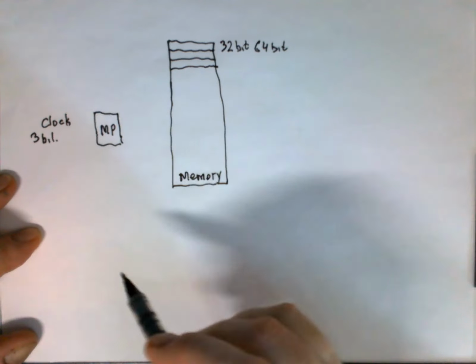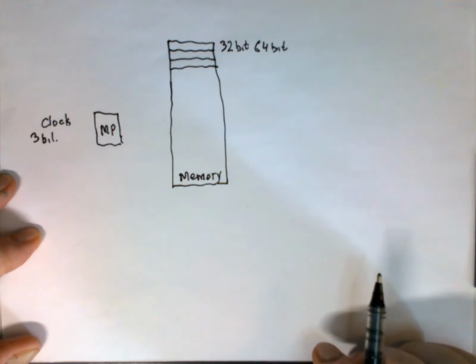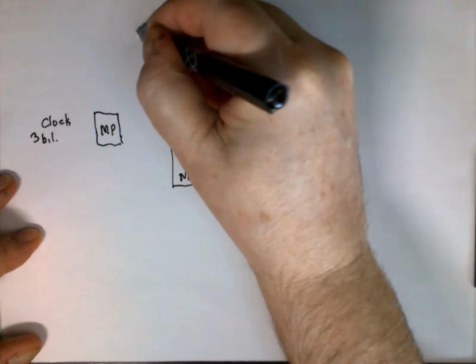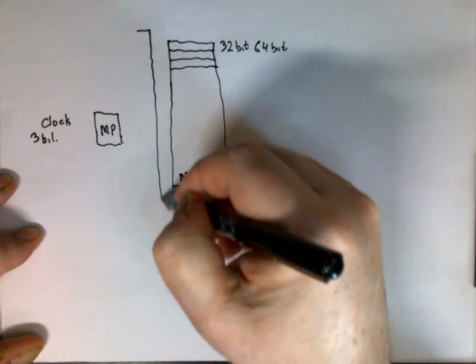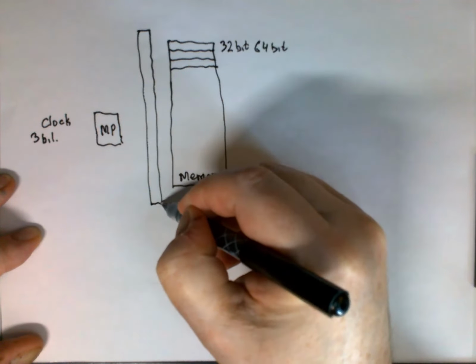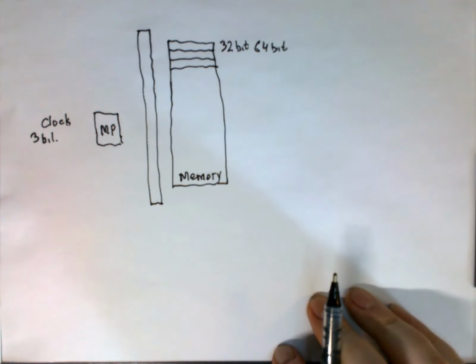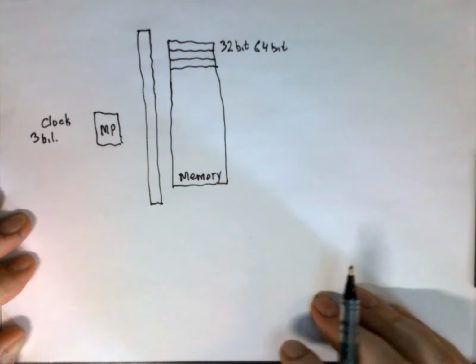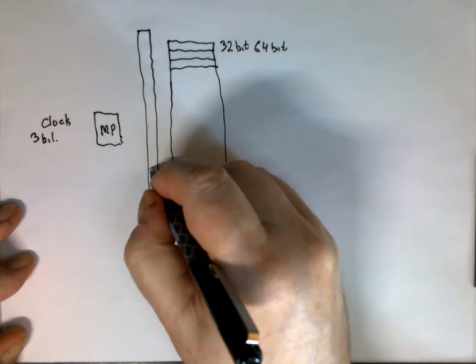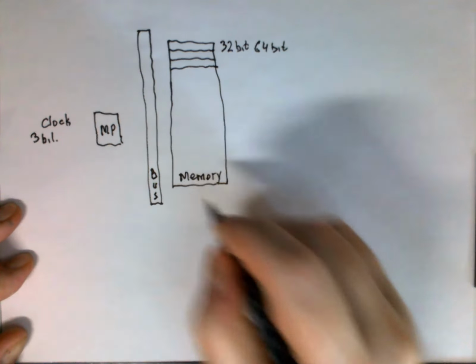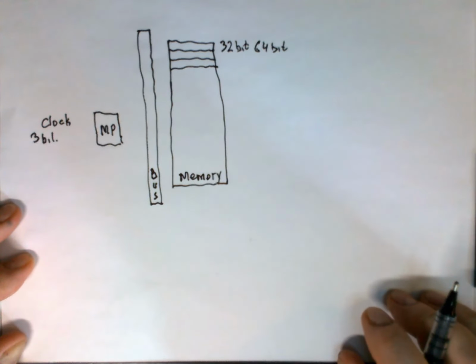So to make them work together, we need some kind of device whose function is like a secretary. That device I will put here, a long rectangle in the middle, and that device is called a bus. It's called a bus because it is an information delivery tool.